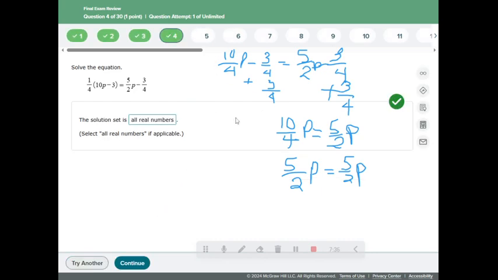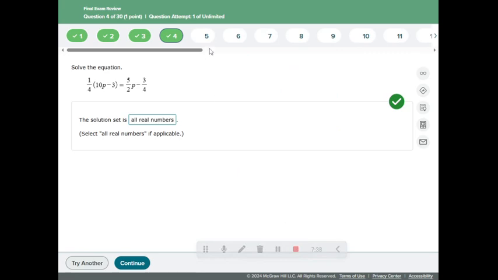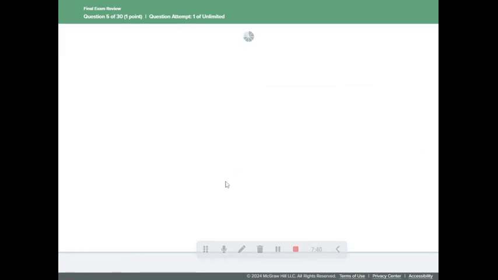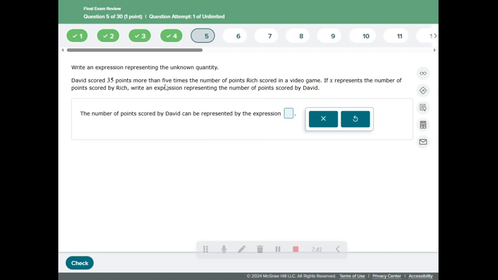And finally, problem number 5. Write an expression representing the unknown quantity. David scored 35 more than 5 times the number of points Rich scored in a video game. If X represents the number of points scored by Rich, write an expression representing the number of points scored by David.